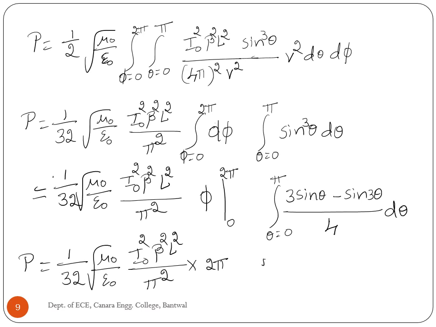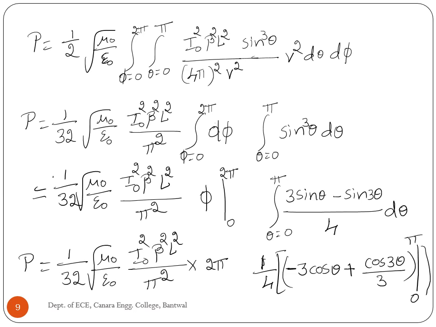Here 1 by 4 of the integral of 3 sin theta is minus 3 cos theta and sin 3 theta is minus cos 3 theta divided by 3, limit 0 to pi.